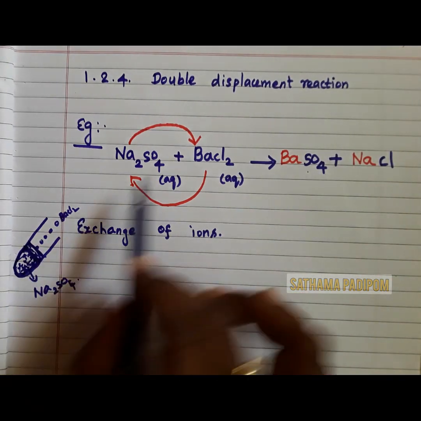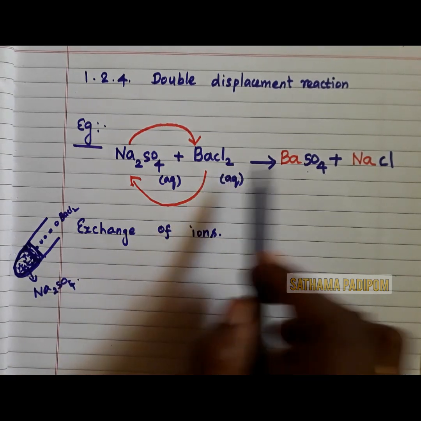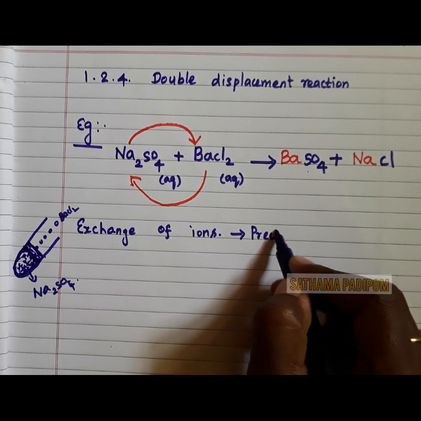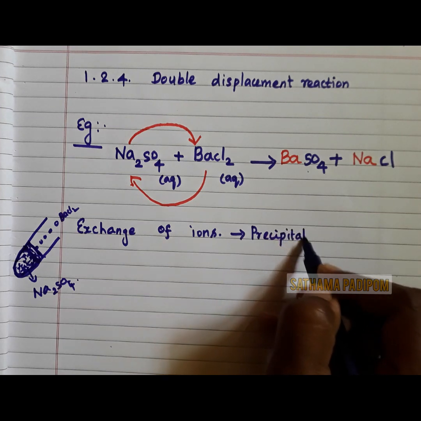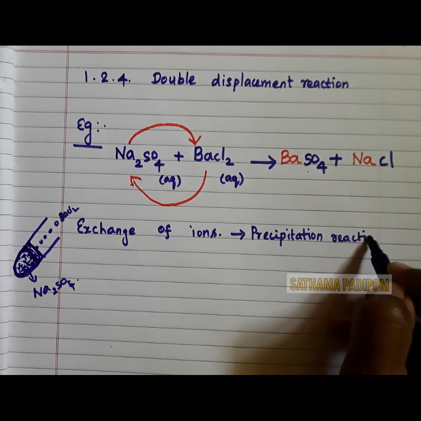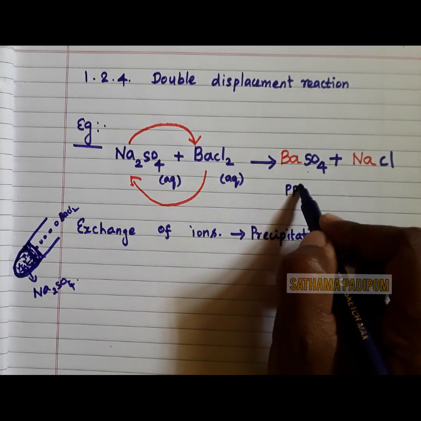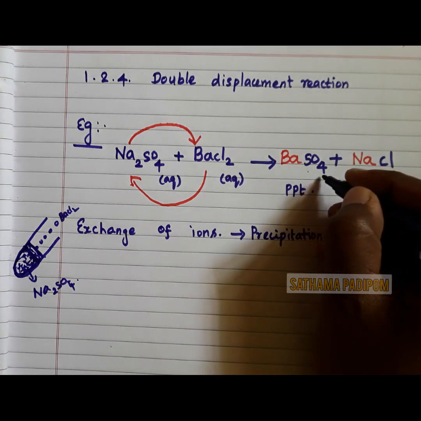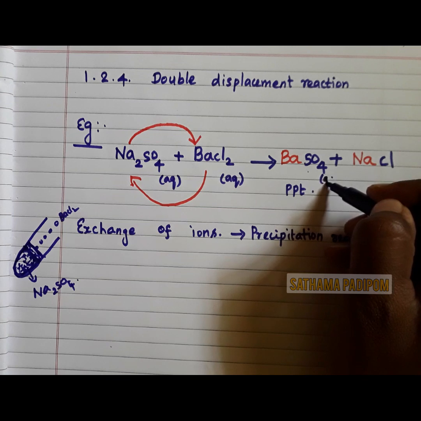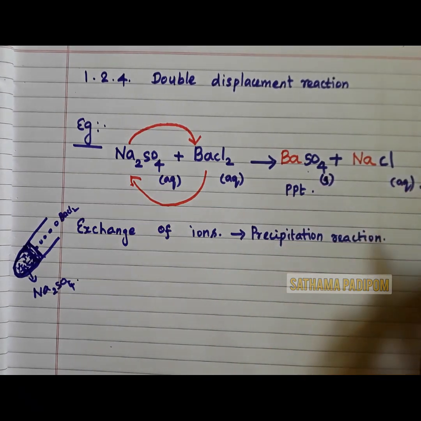Now the theory part. So how will you write exchange of ions? The other name for this reaction is precipitation reaction, because barium sulfate is the precipitate here and it is in the solid state, and sodium chloride is in the aqueous state.